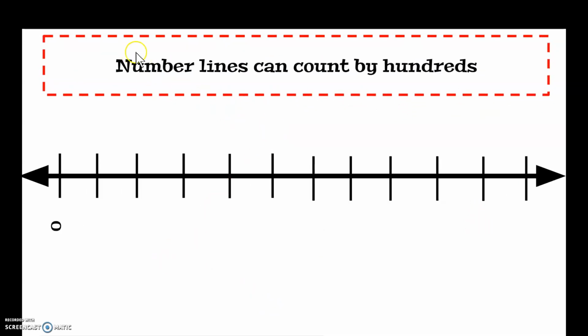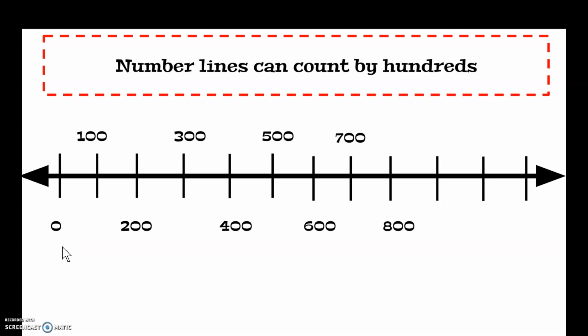Okay? Now I'm going to do number lines that count by hundreds. So you always have to see what's going by. So I have 0, 100, 200, 300, 400, 500, 600, 700, 800, 900, 1,000.